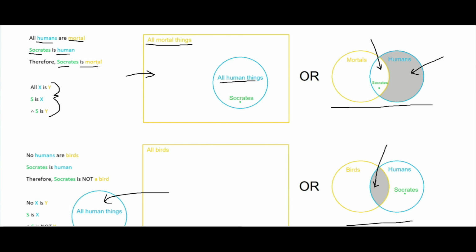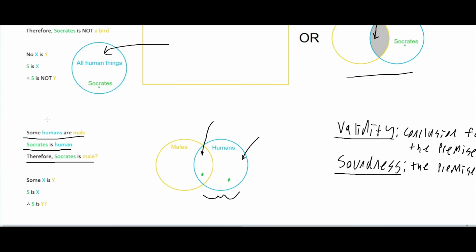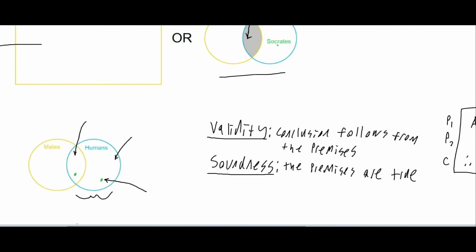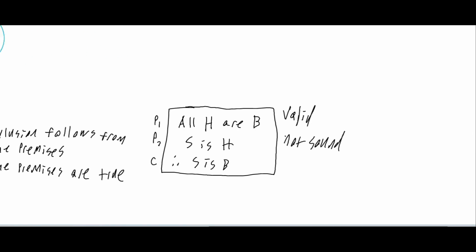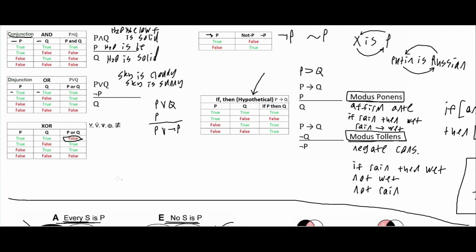Just looking at validity rather than at the soundness. This third one down here was not valid, because the conclusion here that Socrates is male does not follow. Just given the premises, Socrates could have fallen into humans over here outside of the realm of males.